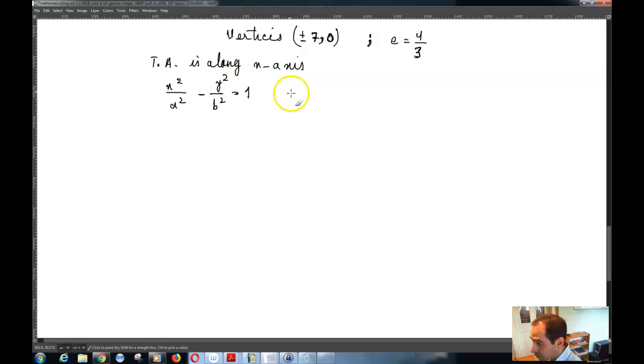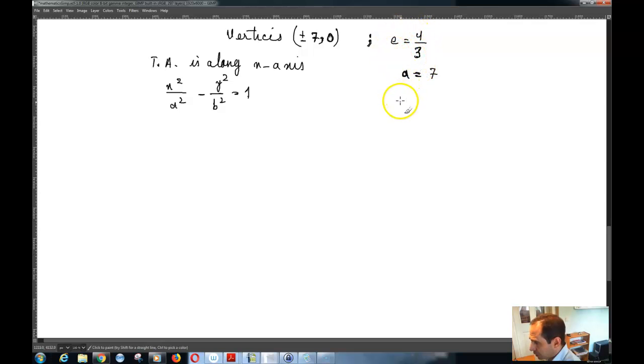We keep this for later. Moreover, since the vertices are at a distance of a units away from the center, my a is equal to 7.